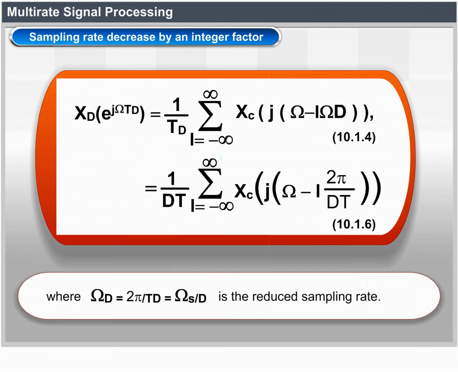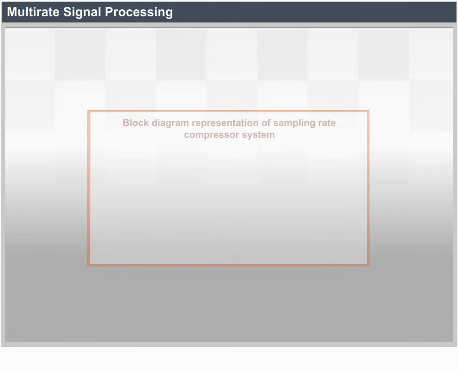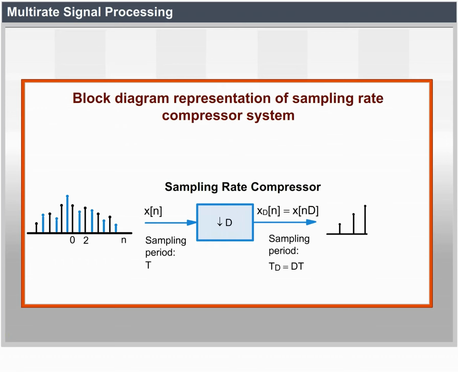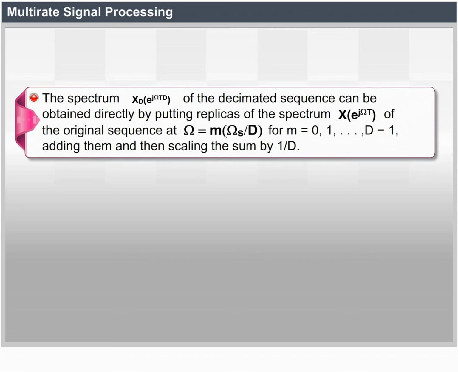Figure: block diagram representation of the sampling rate compressor system. We can see in the figure the sampling rate compressor. The spectrum Xd(e^{jωTd}) of the decimated sequence can be obtained directly by putting replicas of the spectrum X(e^{jωT}) of the original sequence at ω = mωs/d for m = 0, 1, etc. up to d minus 1, adding them and then scaling the sum by 1/d.